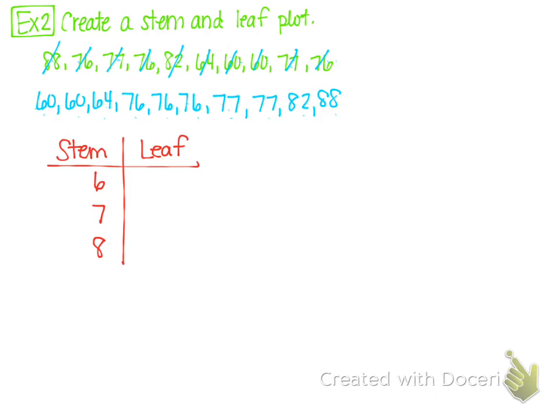Then we're going to list the appropriate leaves. Let's look at our 60s. In our 60s, we have 60, 60, and 64. So beside the 6, we have 0 for the first 60, 0 for the second 60, and 4 for the 64. Now let's do our 70s. We have 6 3 times, and then we have 7 twice.